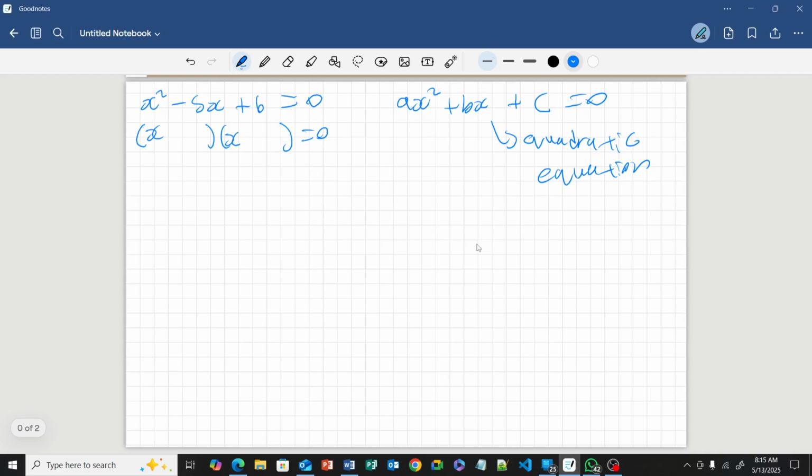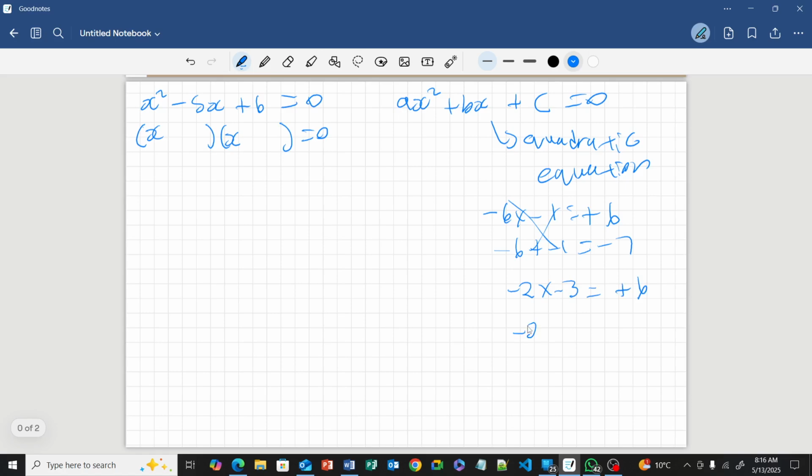Now if I have minus 6 times minus 1, what will I get? If I multiply them together, I get positive 6. But if I add them together, I'll get minus 7, so this doesn't work for me. Now if I have minus 2 times minus 3, I will get positive 6.